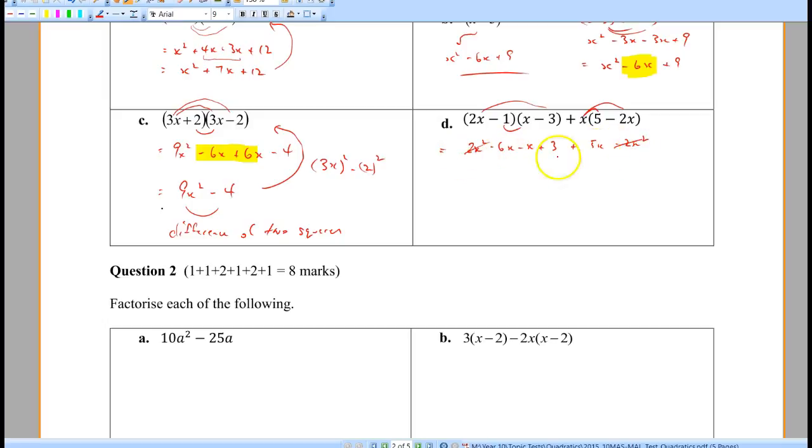It's minus 6x plus 5x minus x. Oh, there's another minus x there. I beg your pardon. Where's my eraser? It is. So it's minus 2, minus 6x, minus x is minus 7x, so that's minus 2x. Gets rid of that one as well. Plus 3 goes in there.